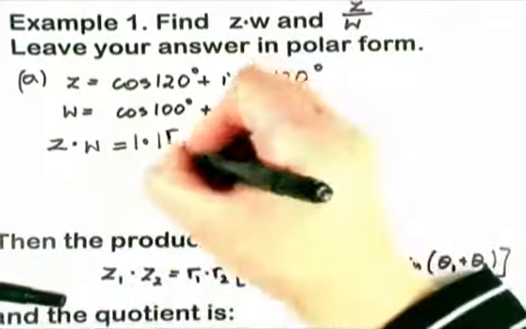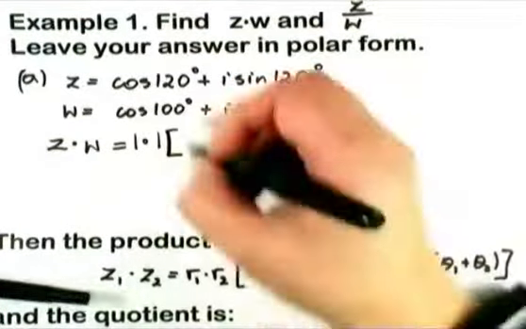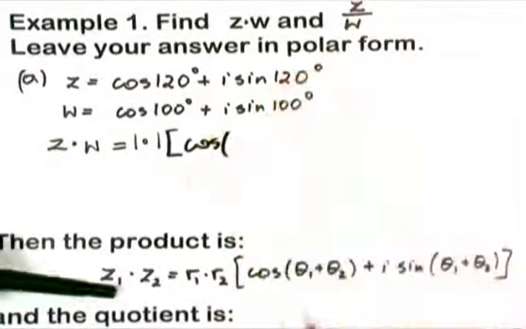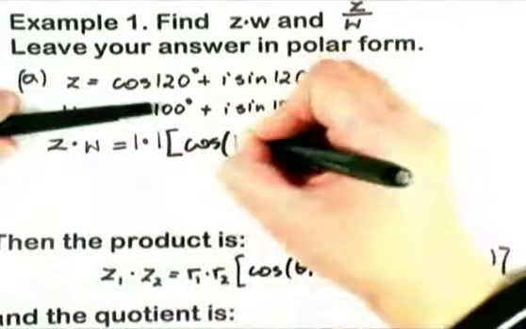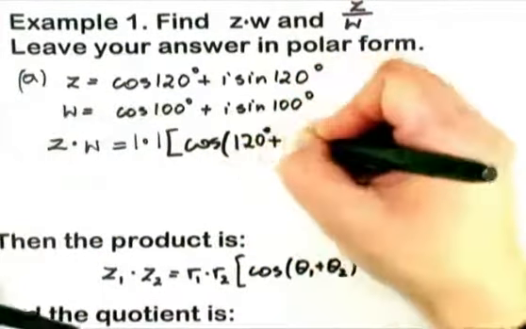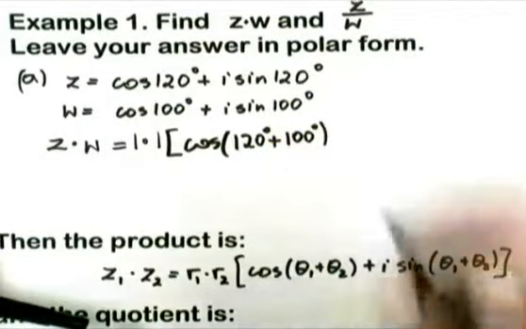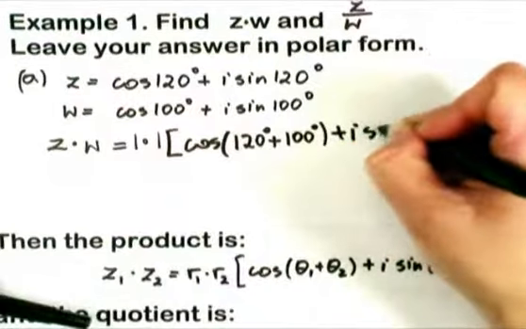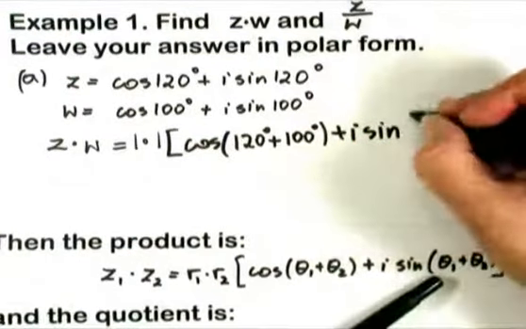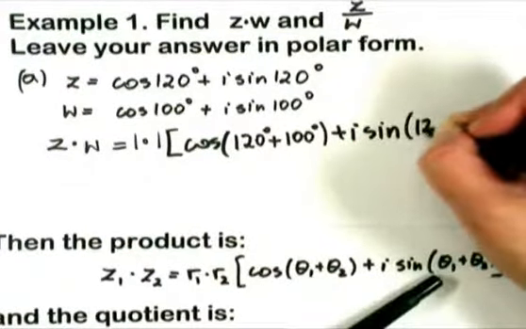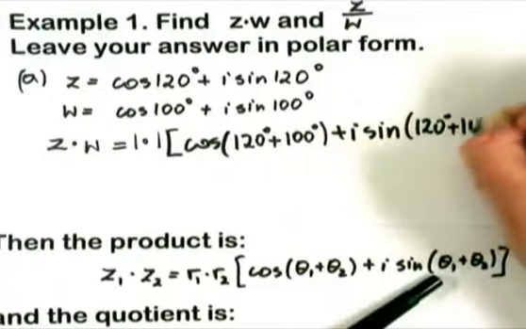And then we have cos, and we add those two angles. So we have 120 plus 100. Then in the formula we have plus i sine, and we add the angles again, 120 plus 100.